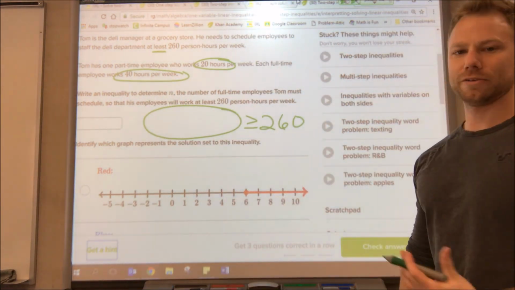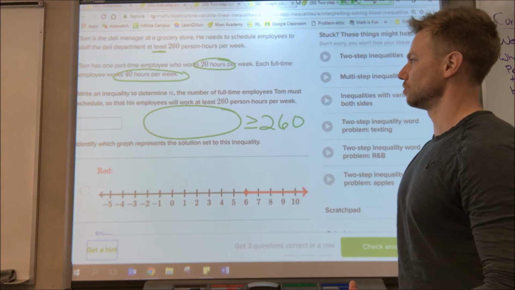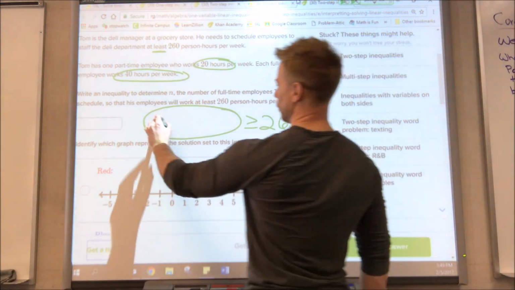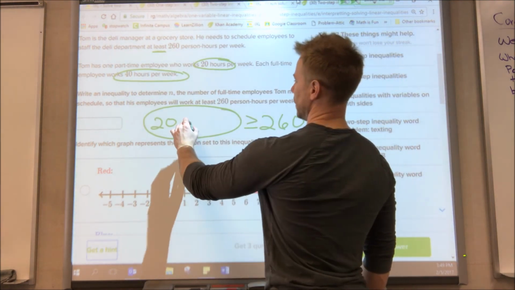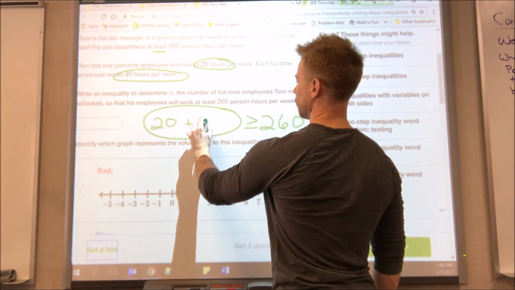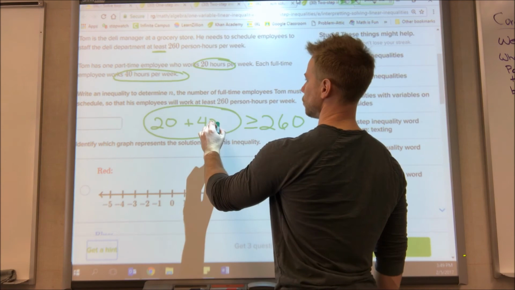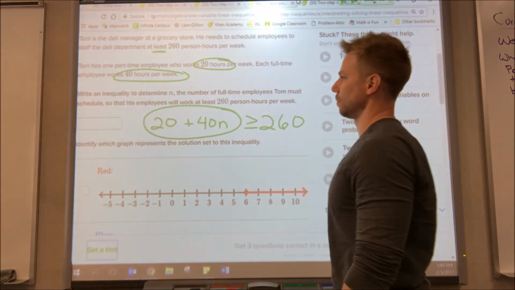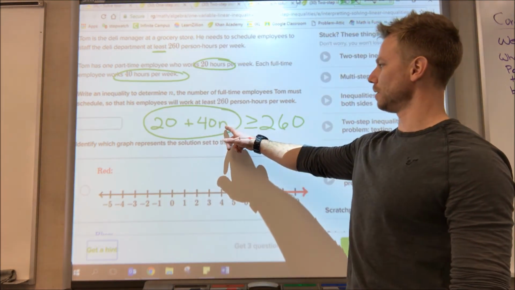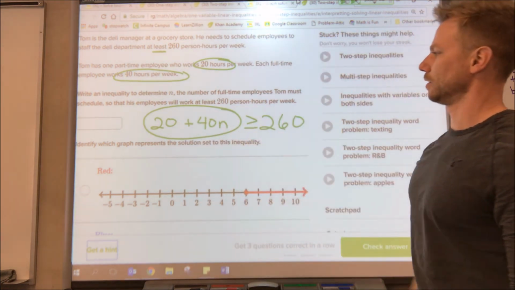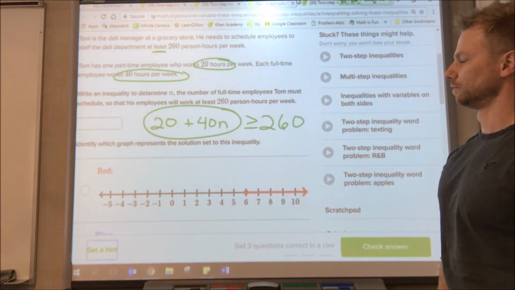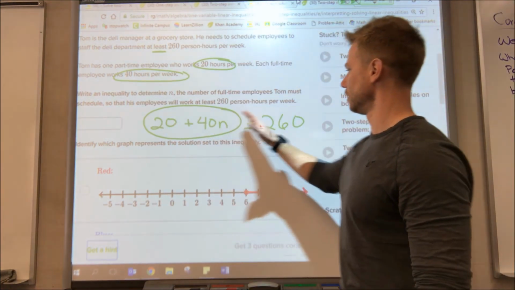We need to figure out how many full-time he needs to get his 260. So we have the 20 from the part-time person, and then in addition to that, we're going to have 40 for each full-time person. So the number of full-time people times 40 hours plus the 20 has to be greater than or equal to 260. All right, so that's our inequality.